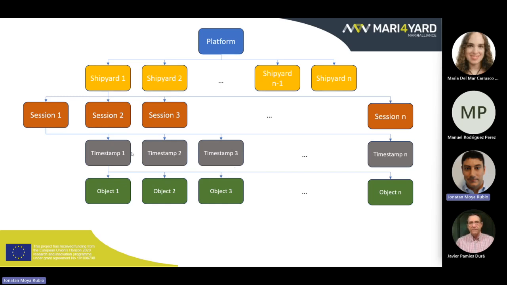And finally, inside every timestamp, there will be different objects. So, for example, next Monday at 7 a.m., there will be in the yard of the shipyard 2 blocks, an engine, a propeller, the rudder, different objects positioned around the space of the shipyard.